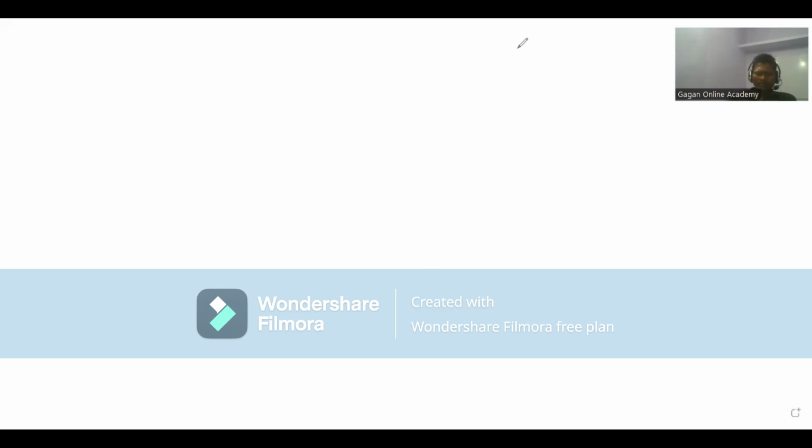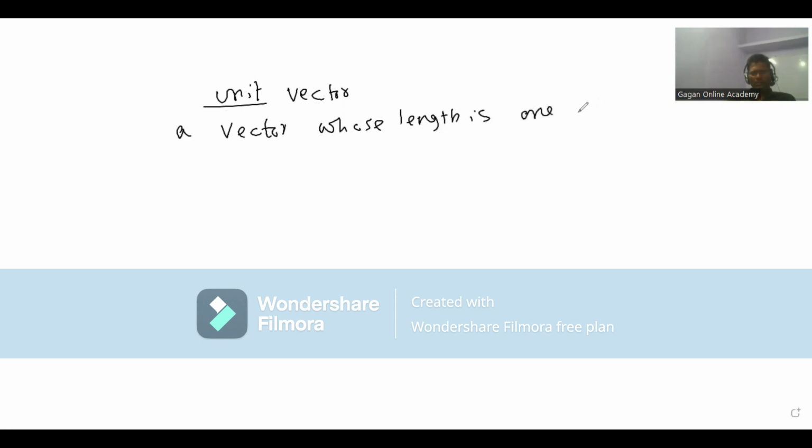Now I am discussing unit vector. This is a very, very important concept. A vector whose length is 1 unit is called a unit vector.